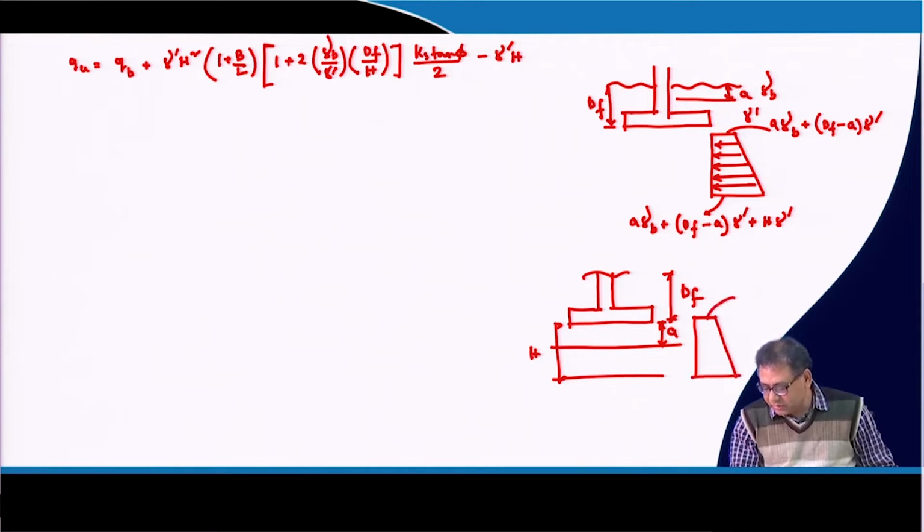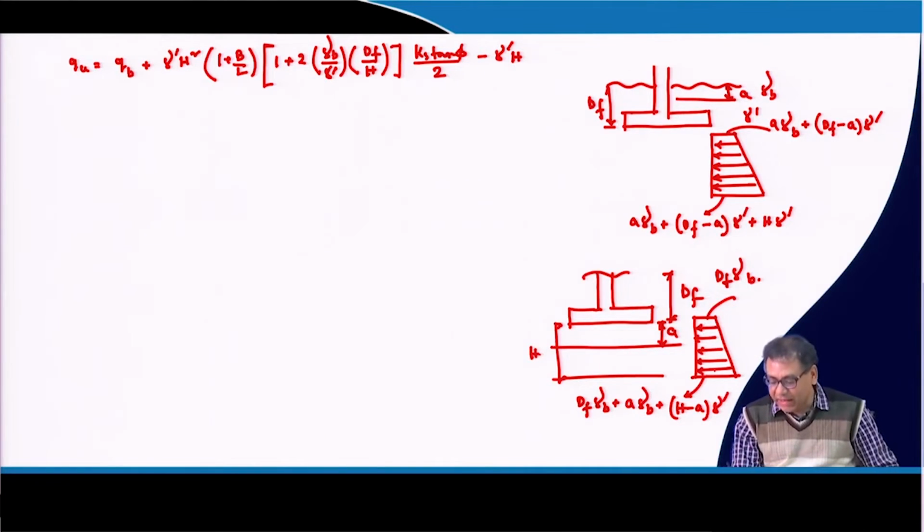So, this will be the pressure distribution, this one will be df into gamma bulk, and this one will be df gamma bulk plus A gamma bulk plus h minus A gamma dash. Then you have to again modify this equation, because ultimately remember that we are basically calculating the area of this trapezoid, and the two sides A and B can be calculated in different ways depending upon the position of the water table.